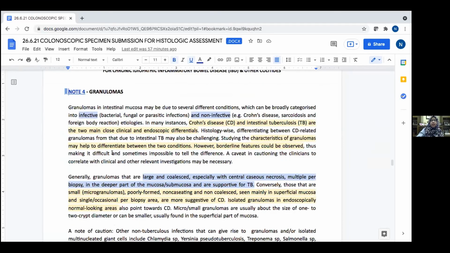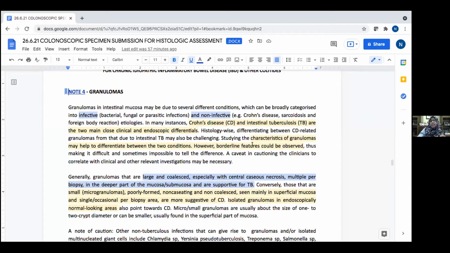granuloma story. Okay, so granulomas can be due to infective or non-infective causes. But in our daily practice, when we come across granulomas in the mucosal biopsies, the first thing that we will be thinking of is either Crohn's disease or intestinal tuberculosis.